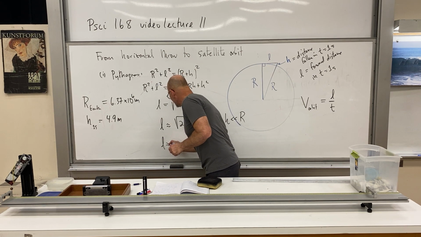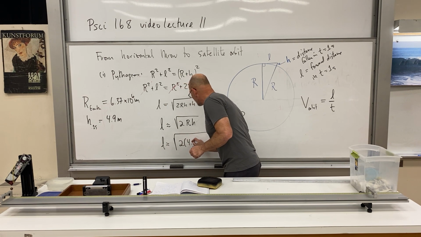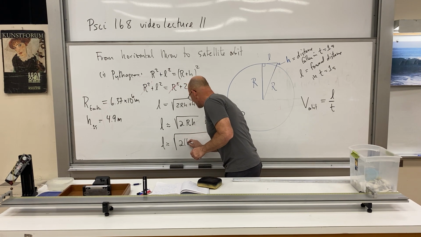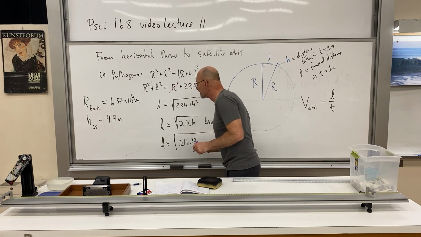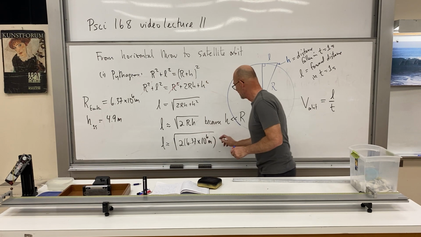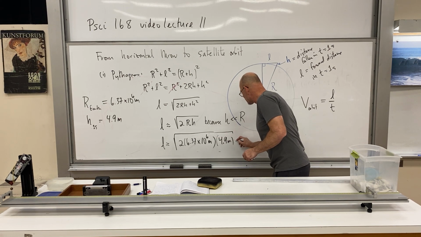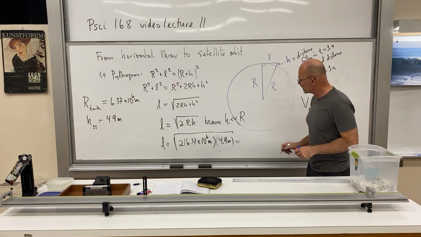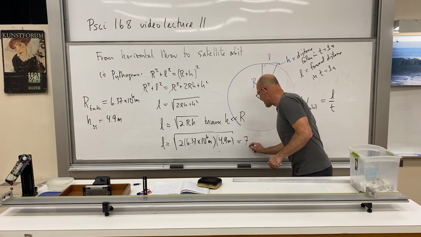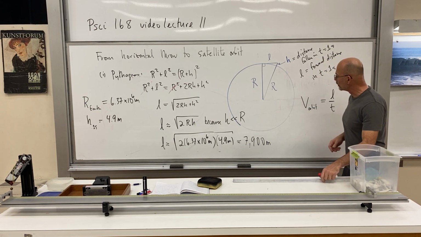We're going to get L equal to root of 2 times 6.37 times 10 to the 6 meters, and then I've got 4.9 meters. You guys should do this with your calculators. You're going to get approximately 7,900 meters.